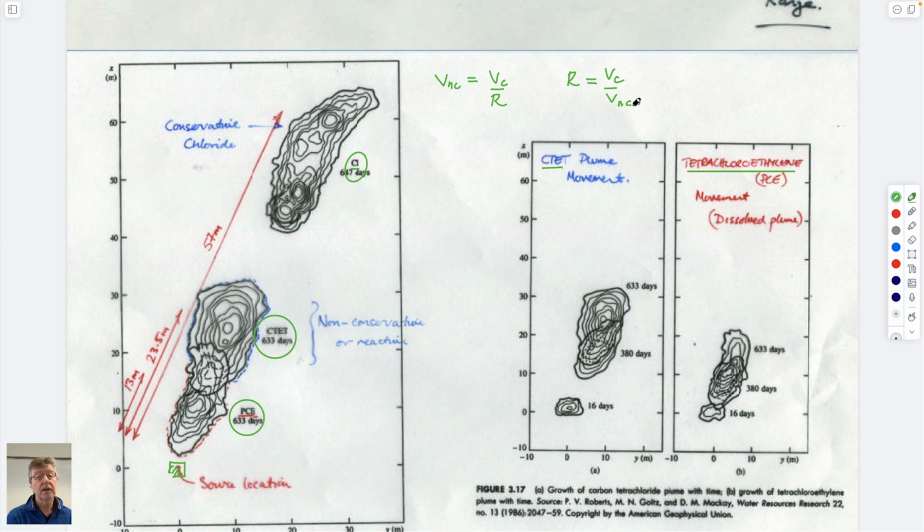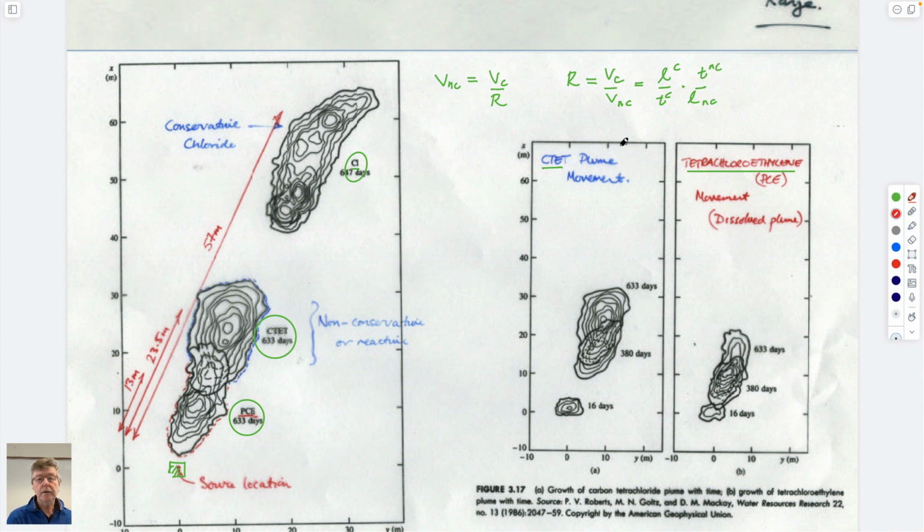Is that right? And we know that VC is equal to length C over time C, and VNC is equal to length non C over TNC.